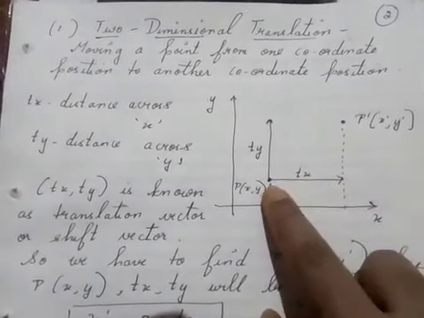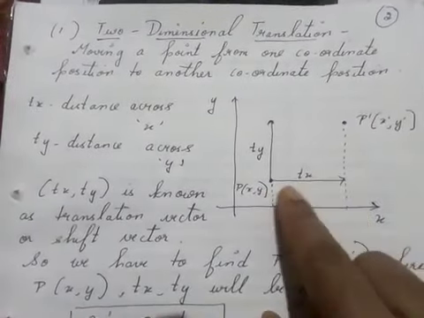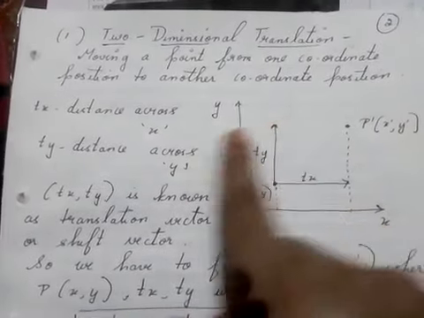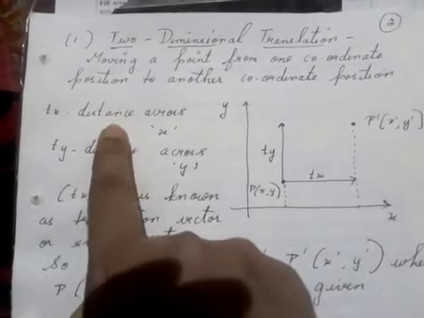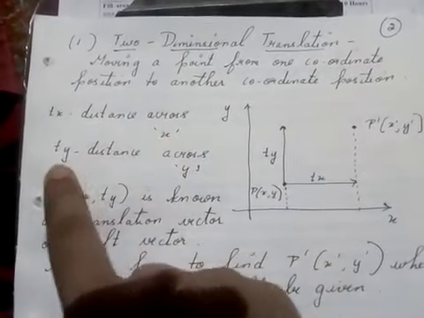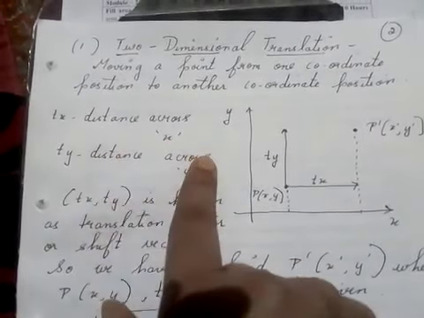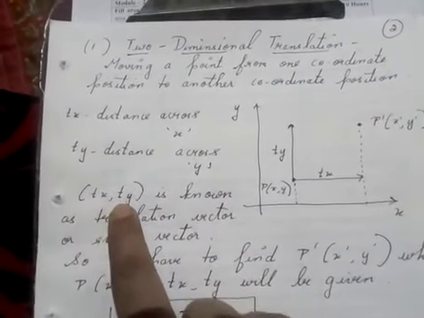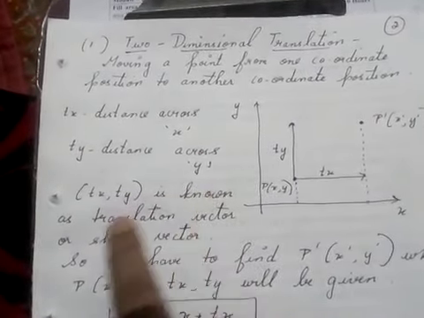Tx is the distance across x, and ty is the distance across y. So to move to this position, you move tx along x and ty along y. This pair tx comma ty is also known as the translation vector or shift vector.